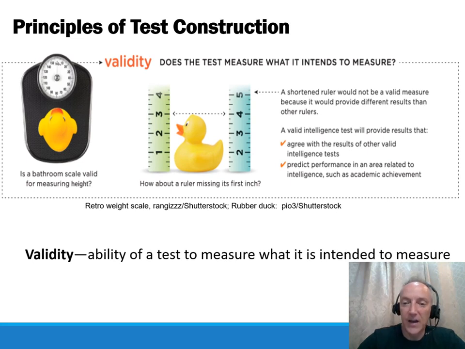If we've got a valid test, then that means it's going to agree with other tests of intelligence, particularly if they're theory-based tests, like those based on CHC theory, where there are measures of each of those broad abilities. And another indicator of validity is that we can use your score on that intelligence test to predict something else related to intelligence, like your academic achievement, for example.